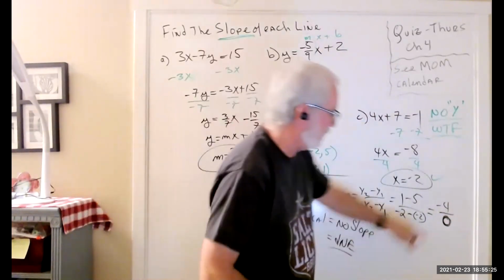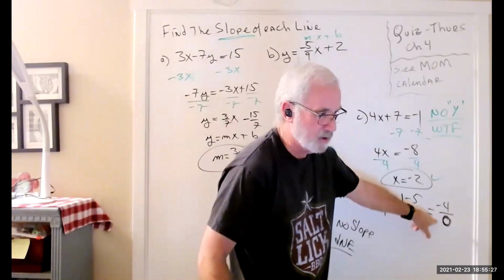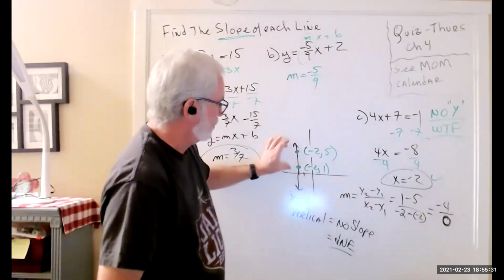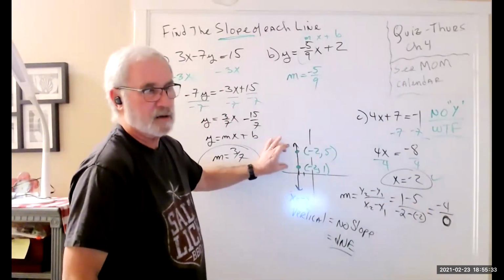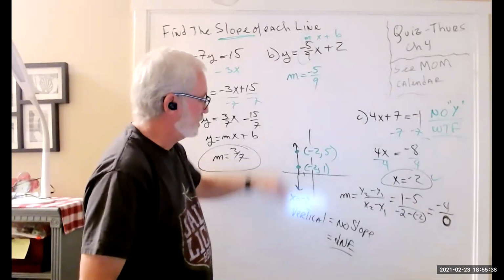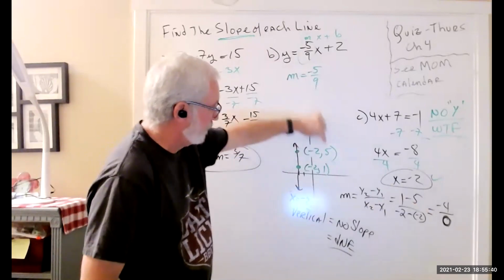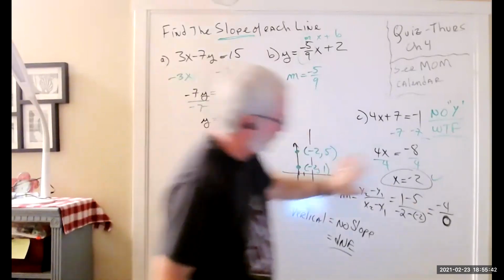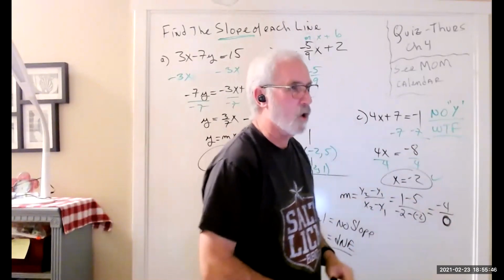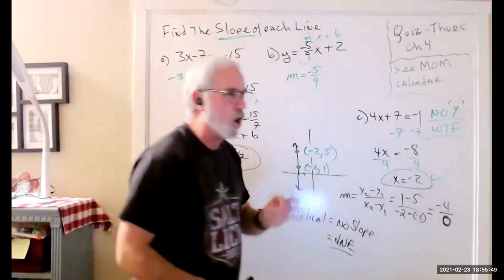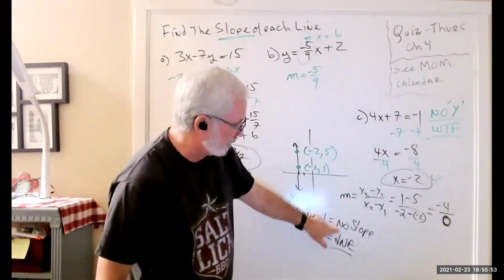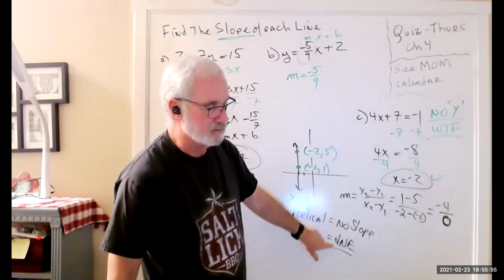The point is you have a 0 in the denominator for the slope. You're finding the slope because you made up 2 points randomly on this line. All we knew about this line is the x is -2, and we don't care about the y values. So you do your math, you get a 0 in the denominator, and that in all of mathematics is never allowed. So that's where we either say there's no slope or it does not exist.